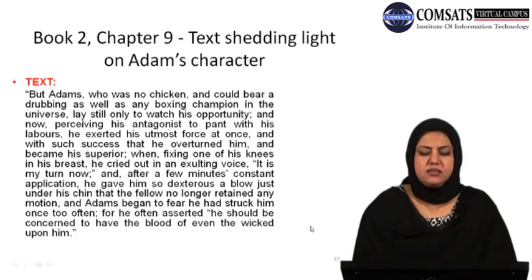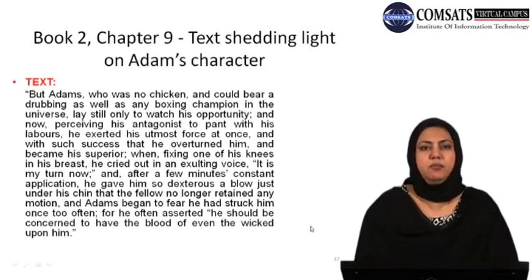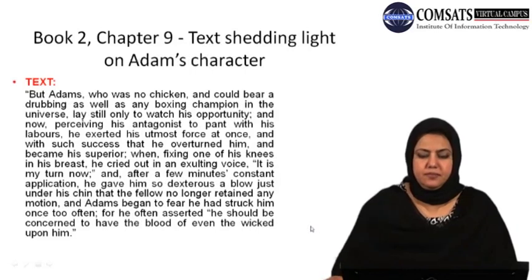And after a few minutes' constant application, he gave him so dexterous a blow just under his chin that the fellow no longer retained any motion, and Adams began to fear he had struck him once too often, for he often asserted he should be concerned to have the blood of even the wicked upon him."